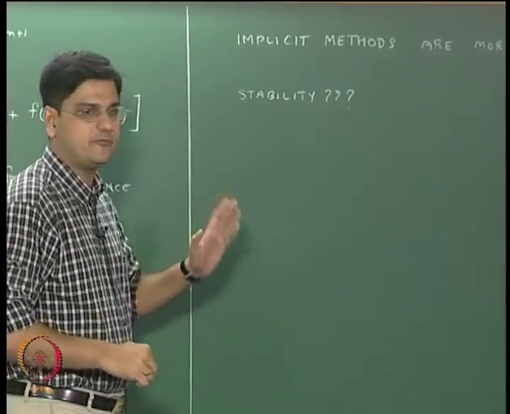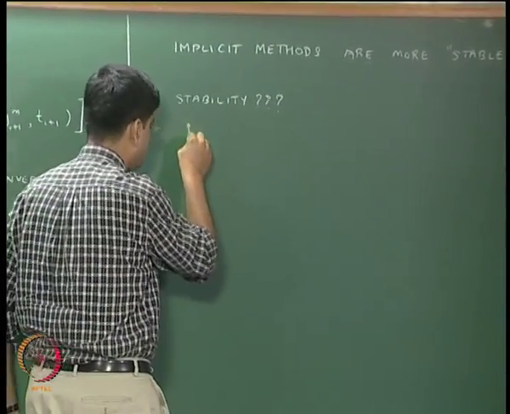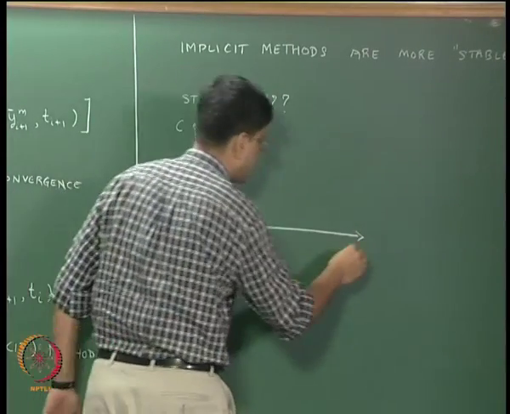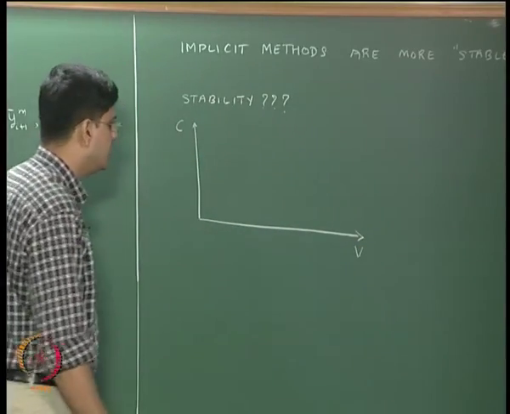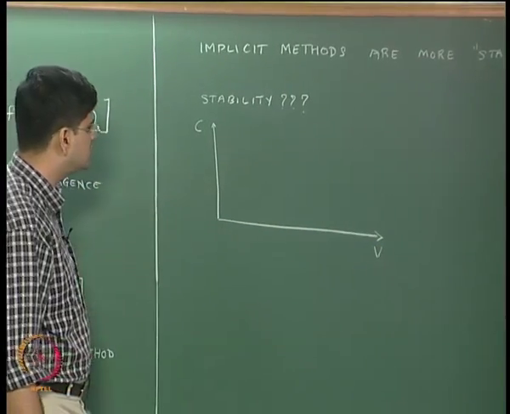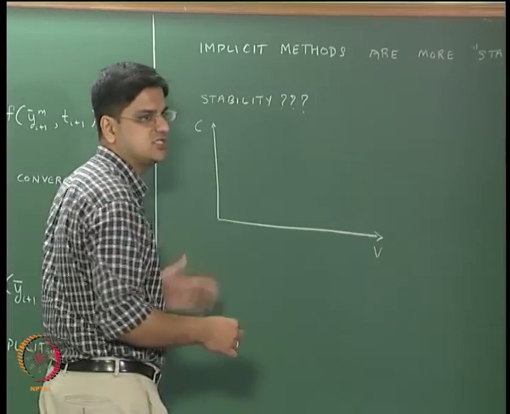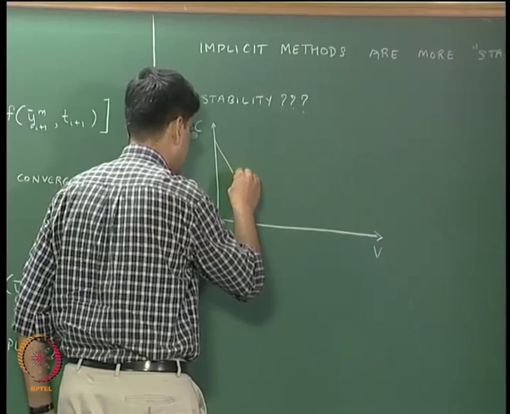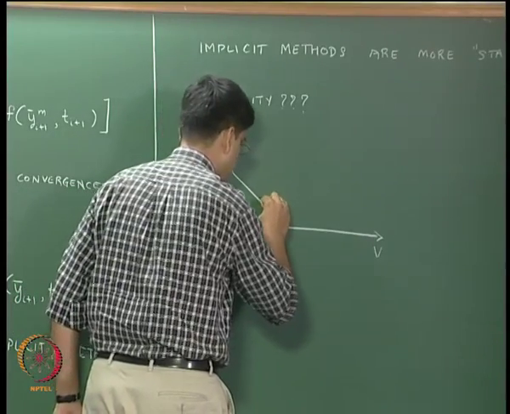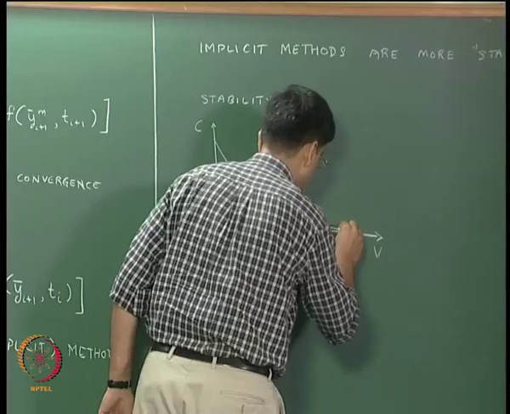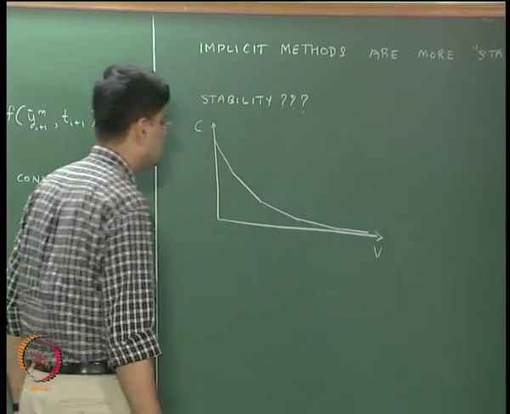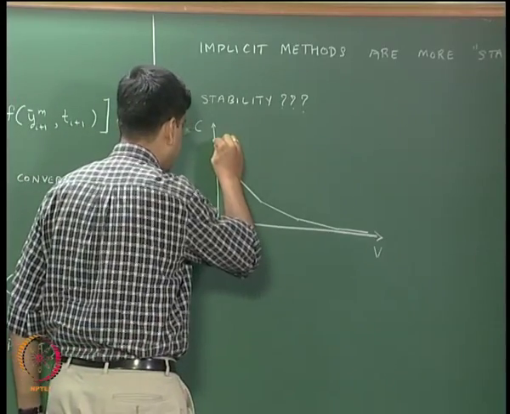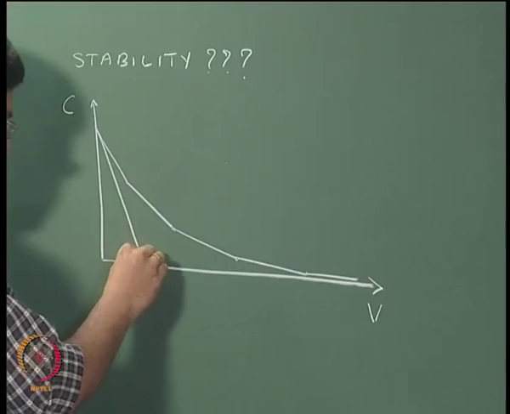So what we saw over here is if we were to plot the concentration C against the volume, the numerical method for getting concentration C against the volume, if we were to use say h equal to 1, we will perhaps get the results something like this. If we were to use h equal to 2, we will get perhaps the result going something like this.